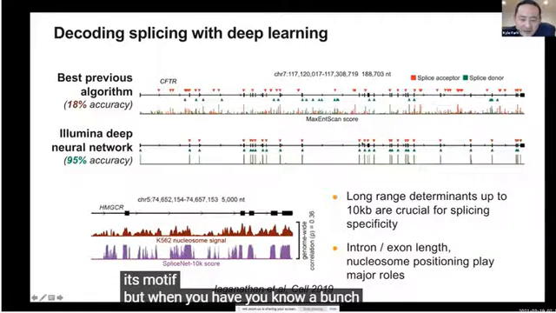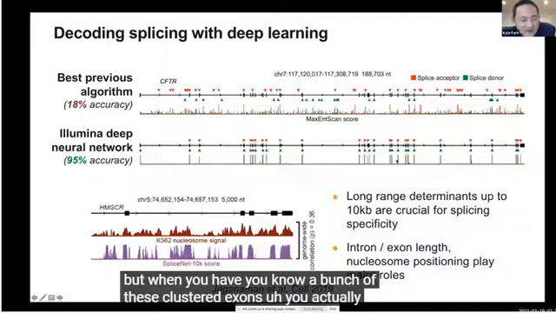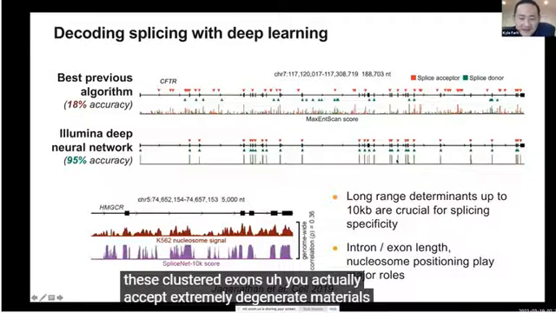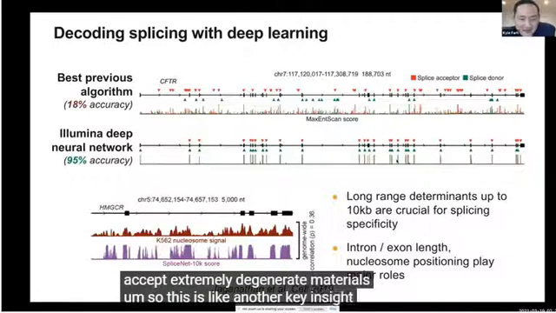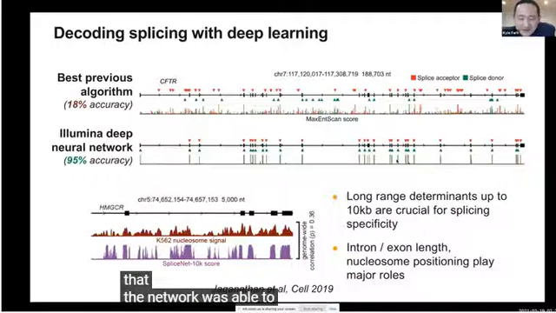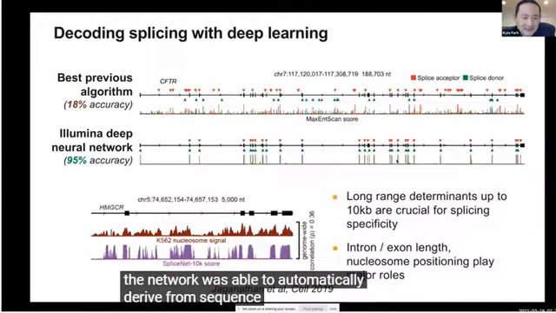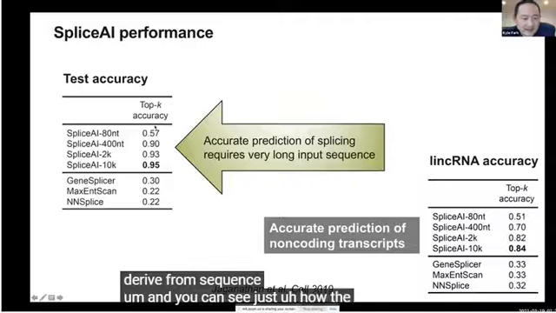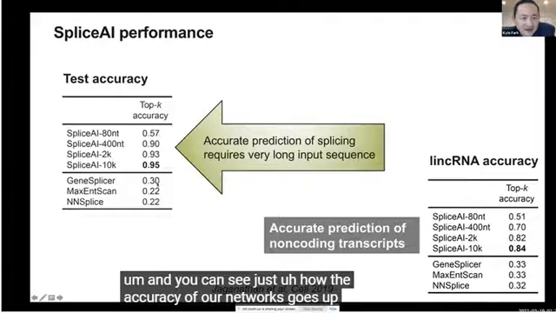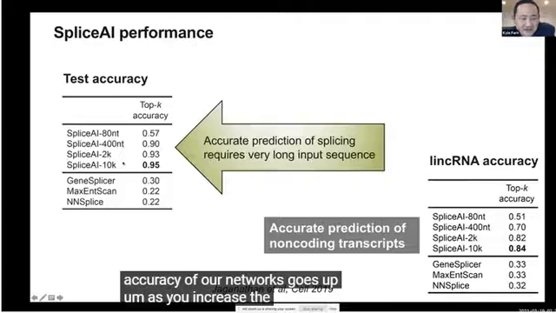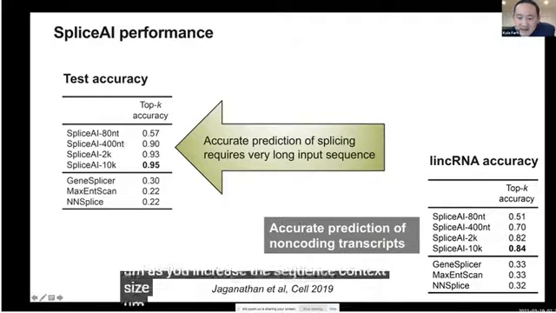But when you have a bunch of these clustered exons, you actually accept extremely degenerate motifs. This is another key insight that the network was able to automatically derive from sequence. And you can see how the accuracy of our networks goes up as you increase the sequence context size.